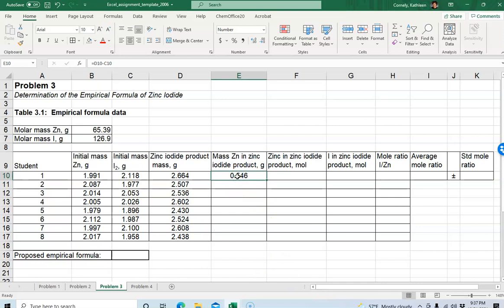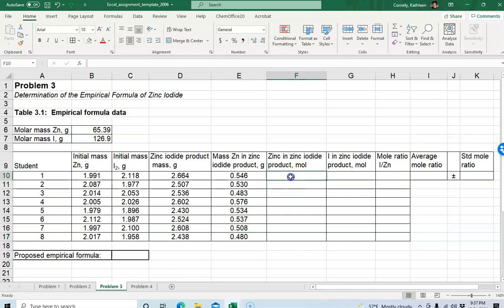I'm going to hit Control C. I'm on a Windows machine, so Control C and then Control V to paste. It looks like I've already formatted this, but again, I should illustrate for you that you would want to do the increase decrease decimal to make sure that you have expressed this to 3 places past the decimal point.